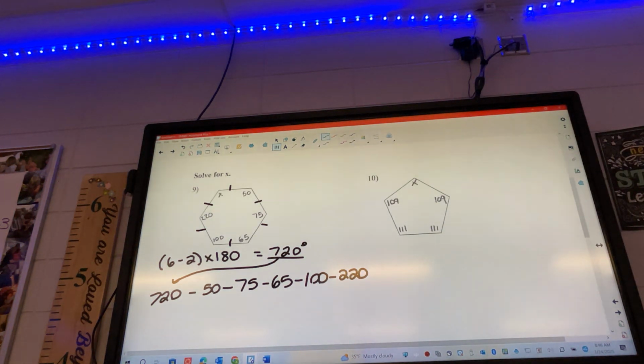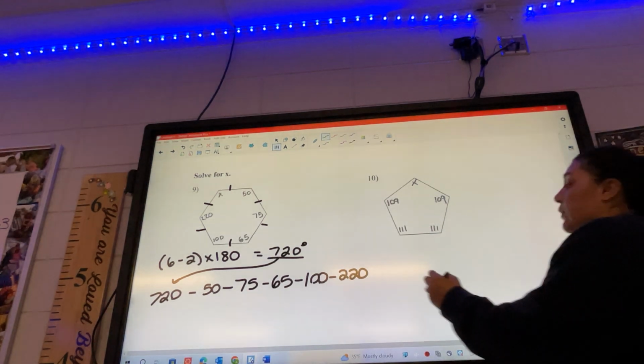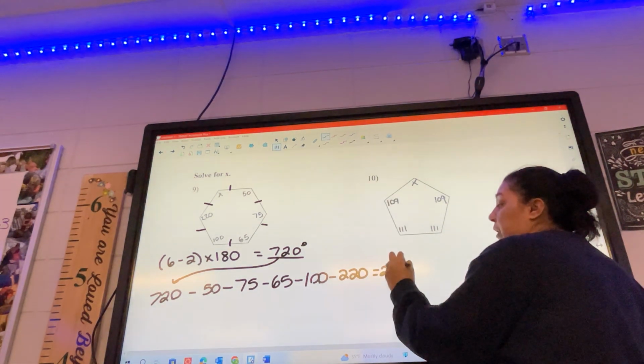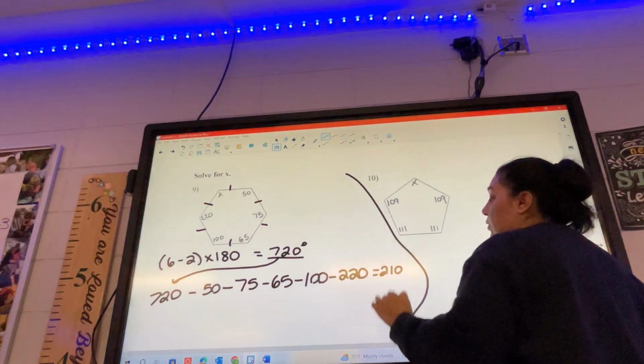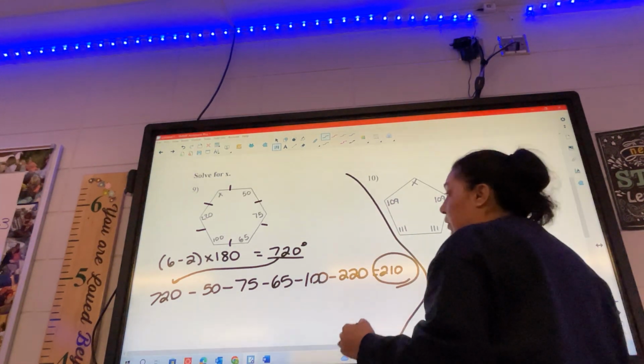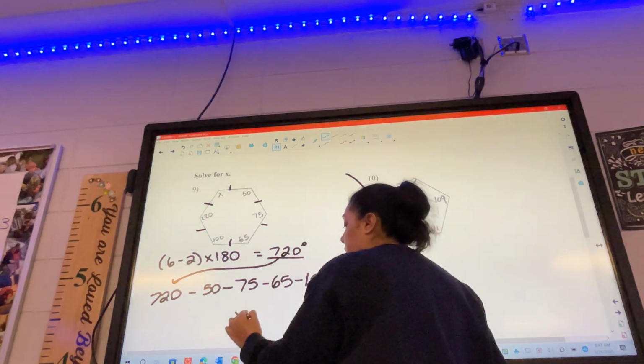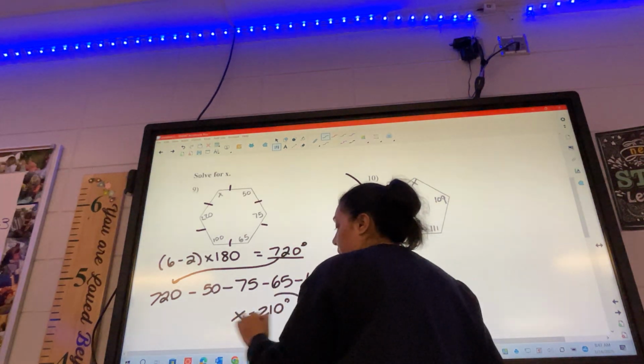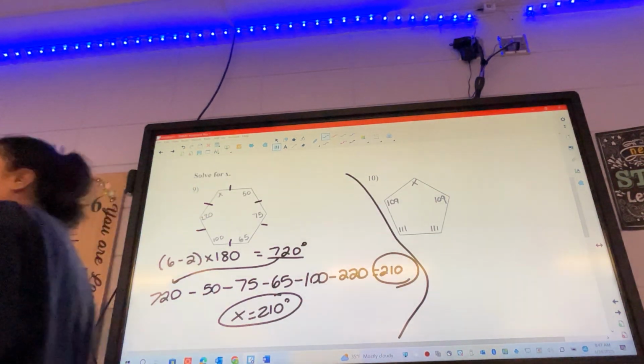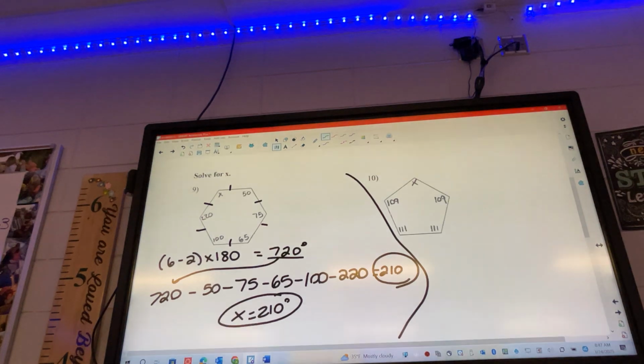That way you have it on this one at least when you're solving these. Okay, and what does that give you? 210. 210? Yeah. Somebody agree? Yeah. Okay, so 210 is going to be our total. So that's really x equals 210, because that's what we were finding.